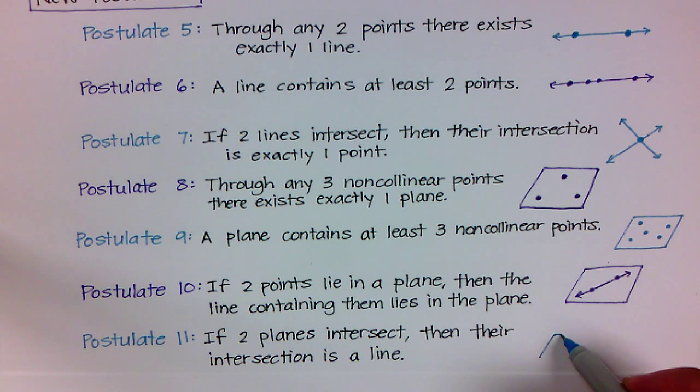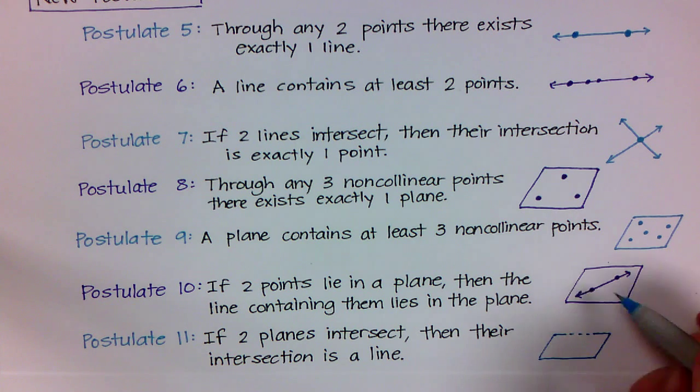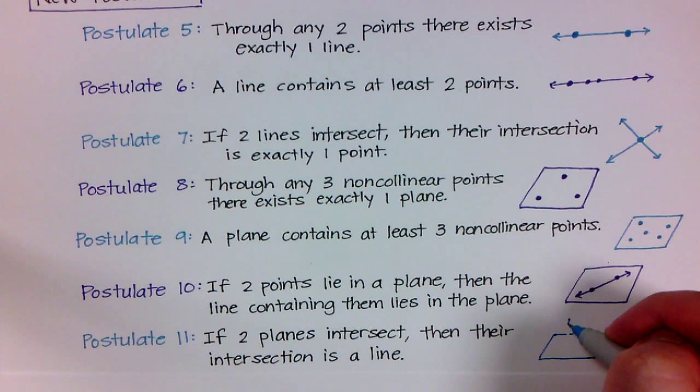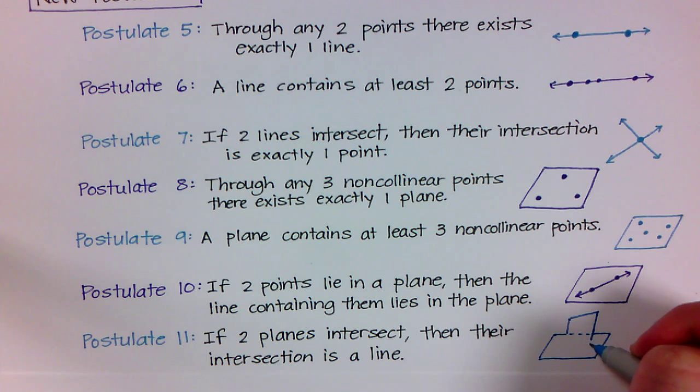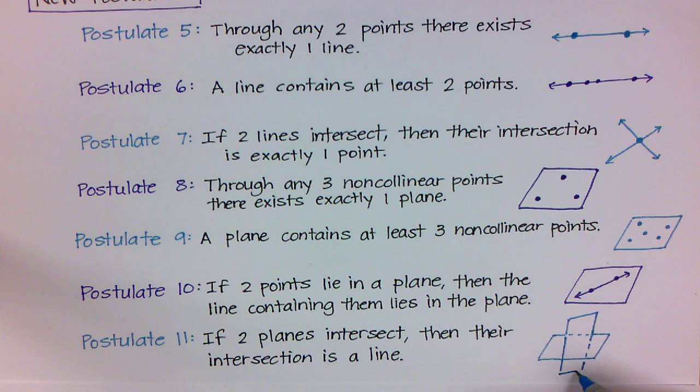So if I have one plane, and if it intersects with another plane, I'll try my best here, then their intersection is exactly one line right here. Okay, they're crossing at exactly one line. And those are the postulates that we're going to work with today.